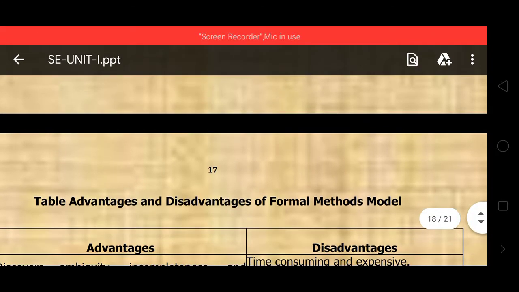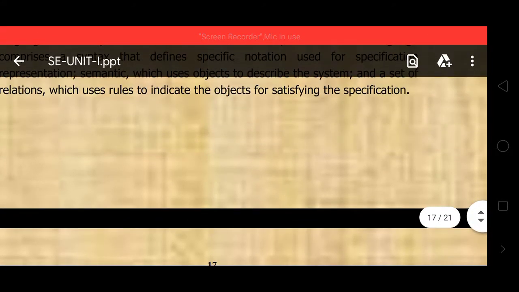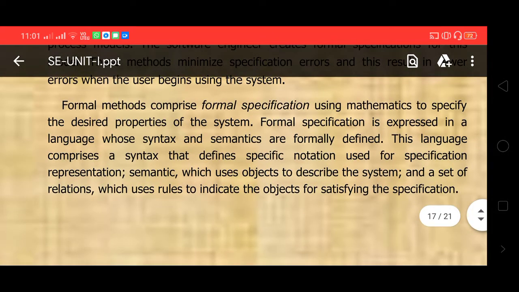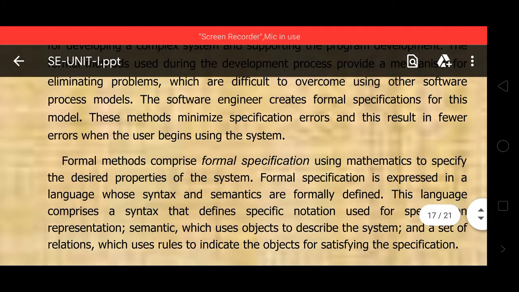In our chapters we have completed the models. A total of 5 models we have completed. Here we have seen the process of development of software engineering. These models are useful for developing software.